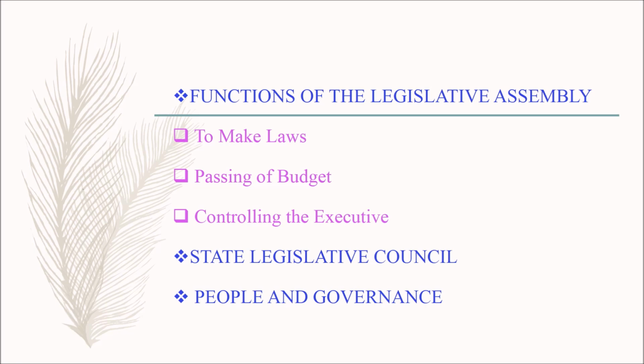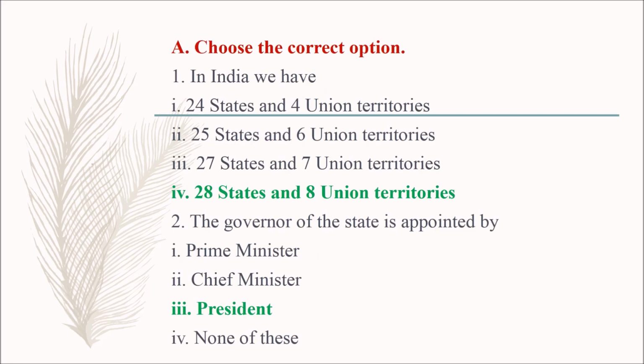Under this we have to make laws, passing of budget, controlling the executive. Then we have seen state legislative council. Finally, we have discussed people and governance. Now we are going to revise the book back questions with answers.